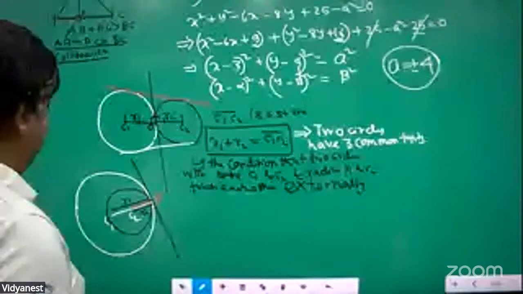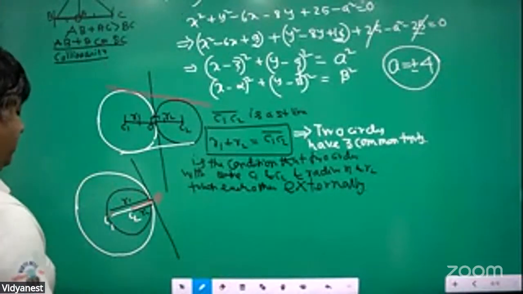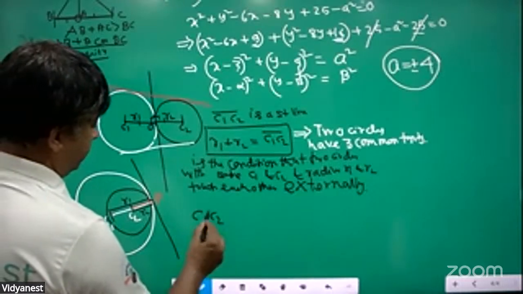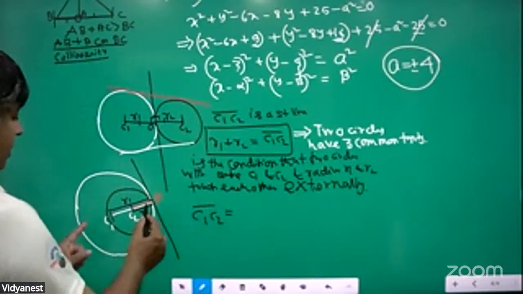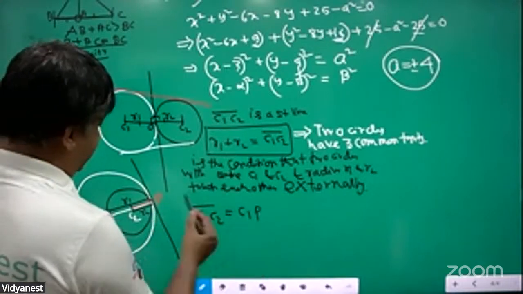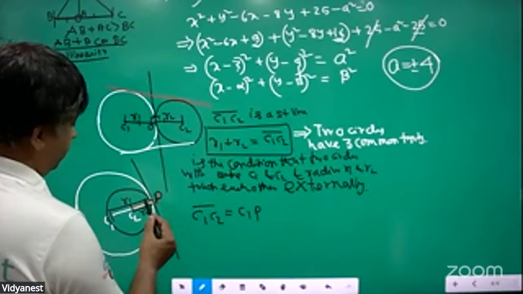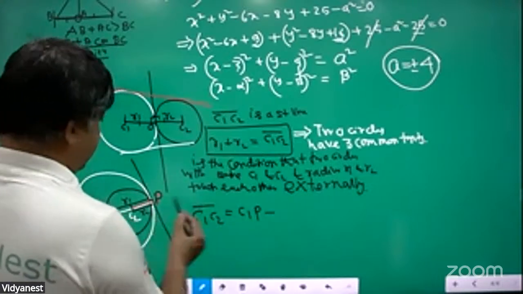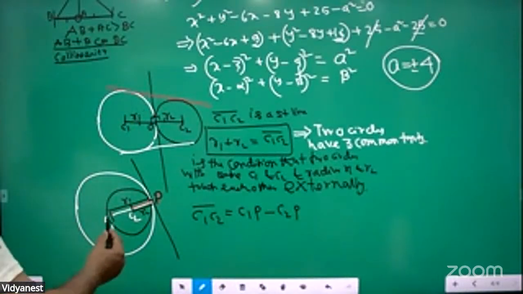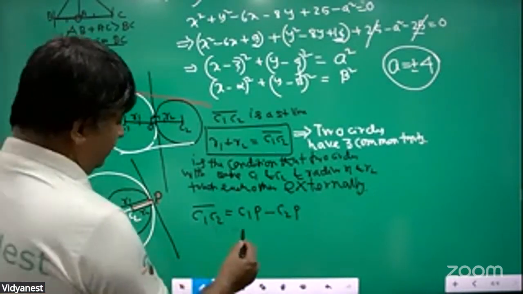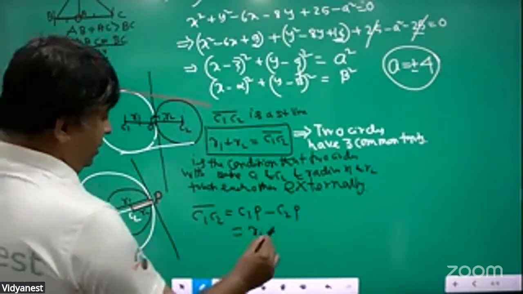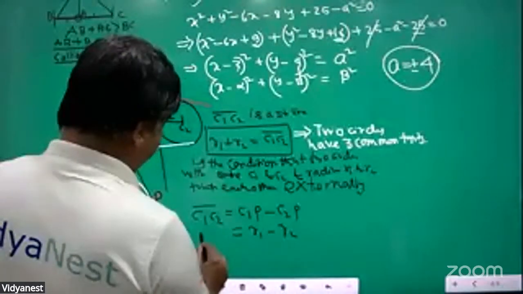So, it is clearly depicted that the distance between C1, C2 is nothing but C1P minus C2P. C1P is the radius of the bigger circle. C2P is the radius of the smaller circle.